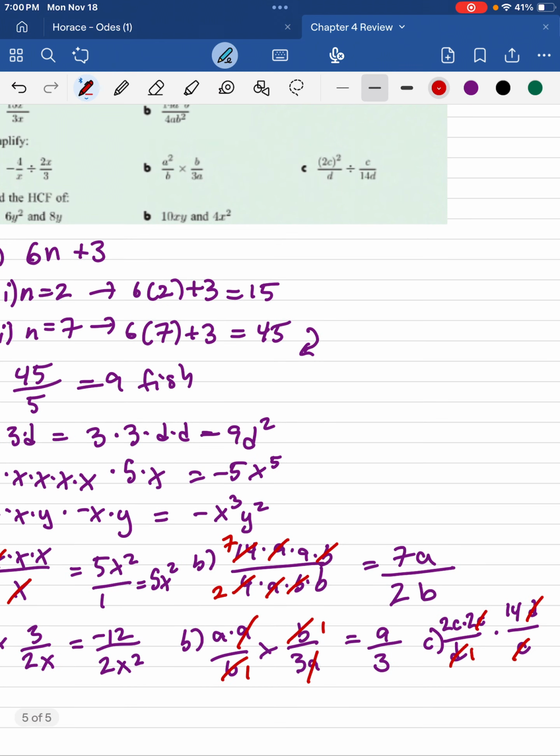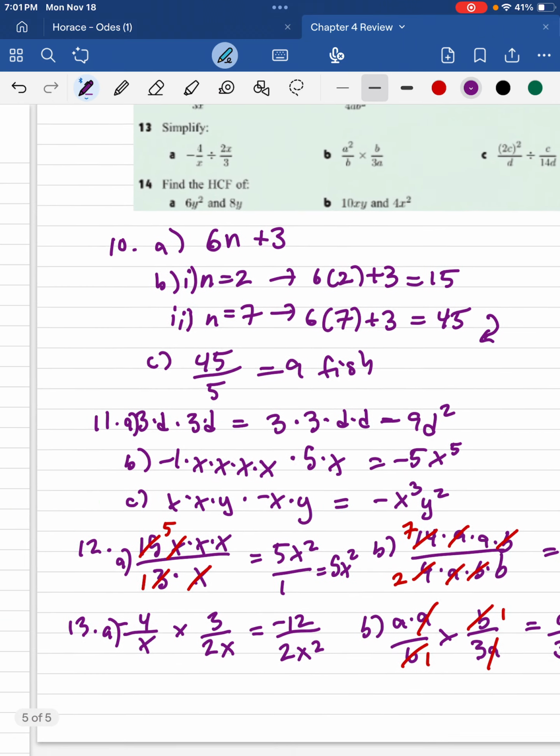And then what I have left is going to be 4 times 14, that's going to be 56. C over 1, which is the same thing as 56c. Cool.